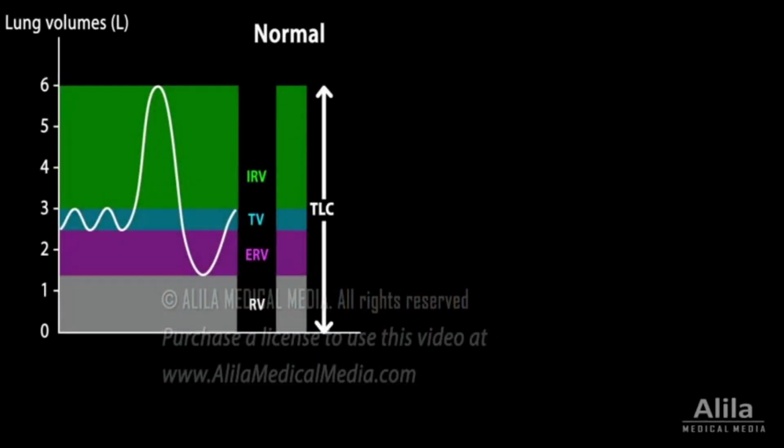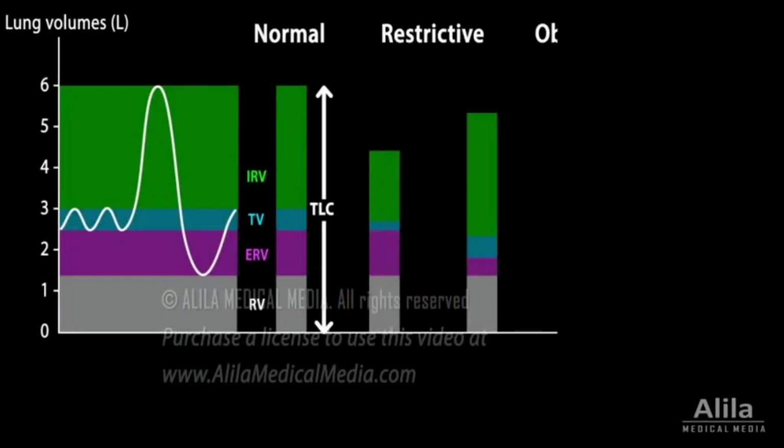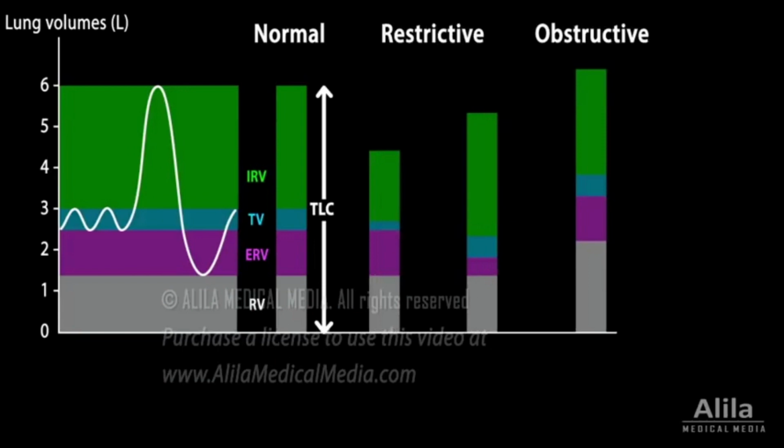Spirometry is useful in differentiating between restrictive and obstructive pulmonary diseases. Restrictive lung diseases can be inspiratory or expiratory. Inspiratory restrictive are conditions in which lung compliance is reduced, limiting lung expansion when inhaling.